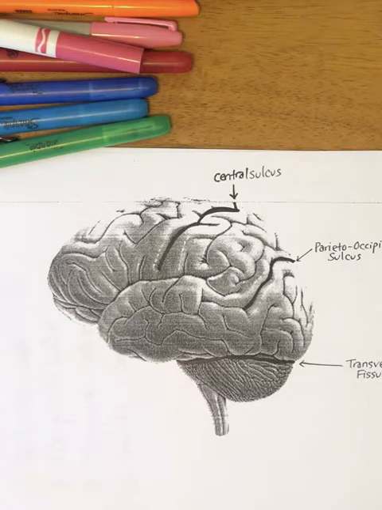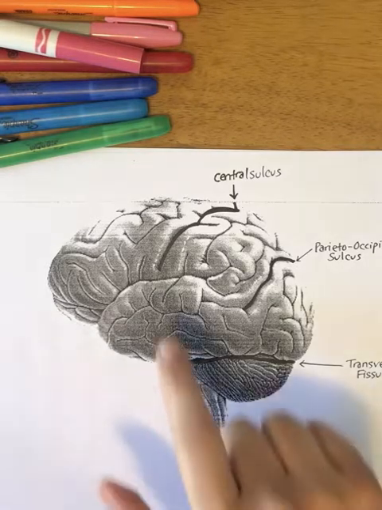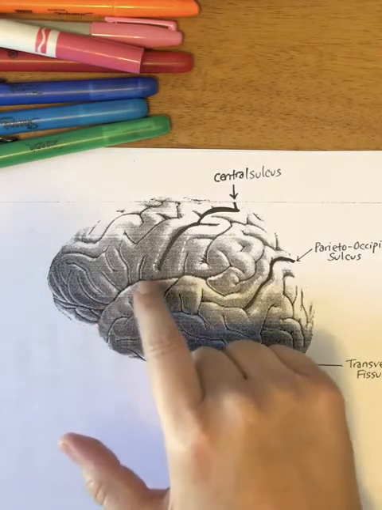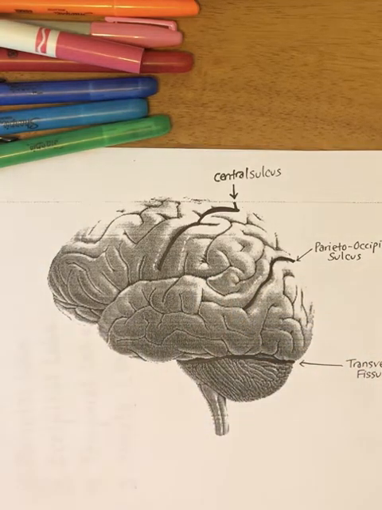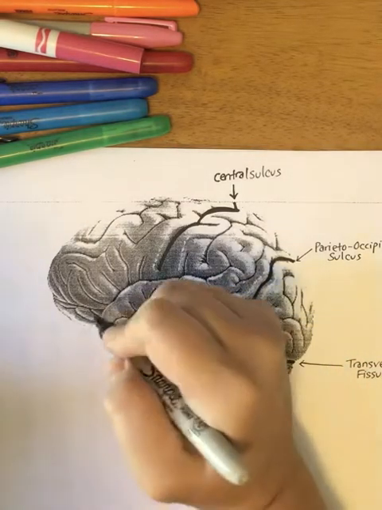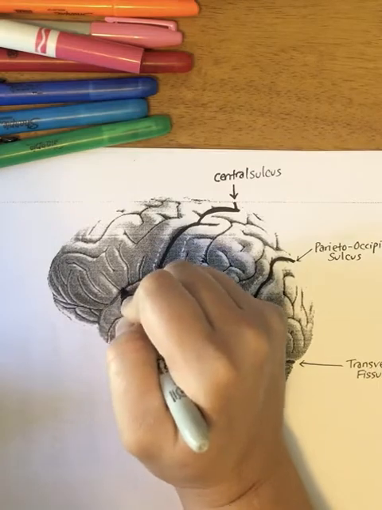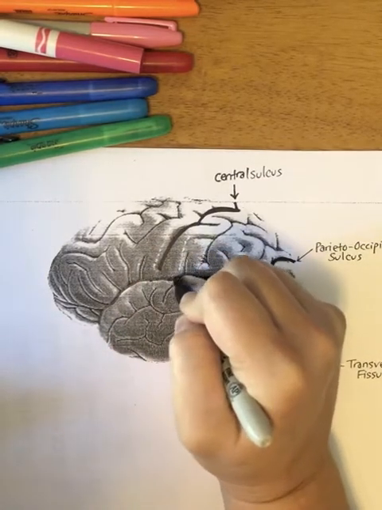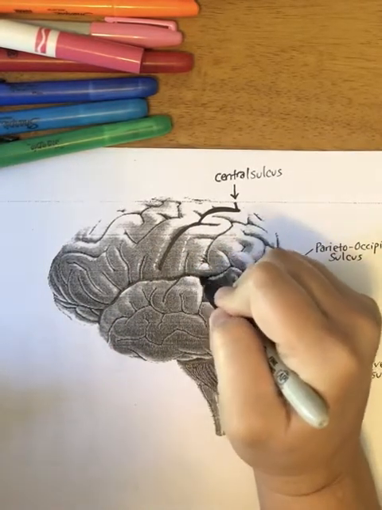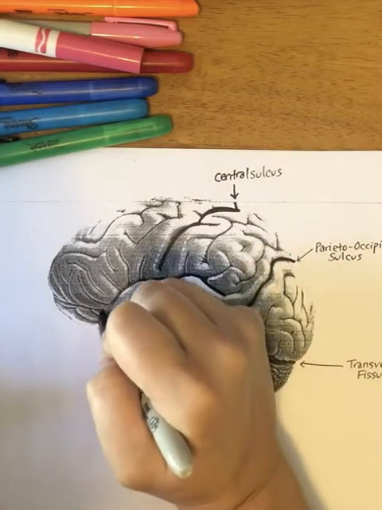Now, you have another fissure that is located right here. This is a deep depression. This is called your lateral fissure. These are your anatomical landmarks that help you divide your lobes.